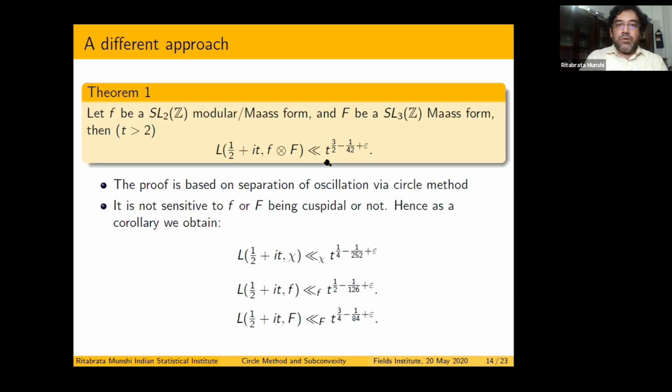But once you have a subconvex bound of this type, now replacing small f or capital F or both by Eisenstein series, you can get subconvex bounds for degree 1 L-functions, this is the Dirichlet L-function, degree 2 L-functions, or degree 3 L-functions. So you get t-aspect subconvexity for degree 1, degree 2, degree 3, and degree 6, GL2 times GL3 functions, in one stroke. Of course, the bounds here are not as strong as you can prove using other methods.